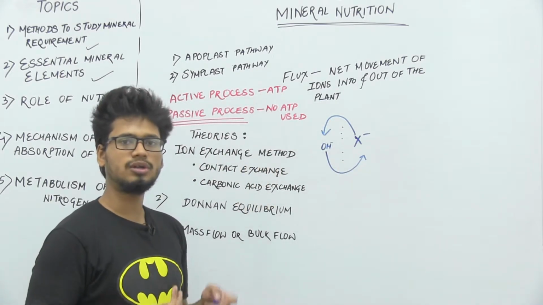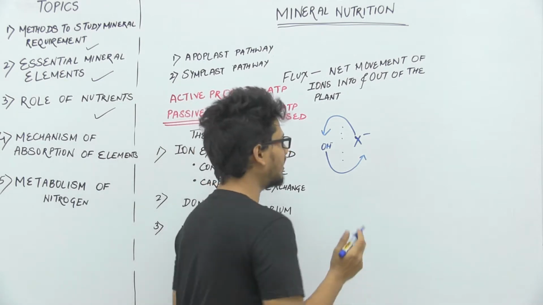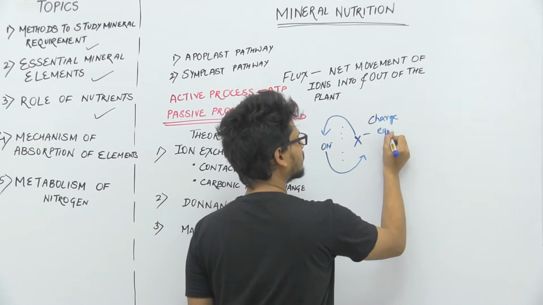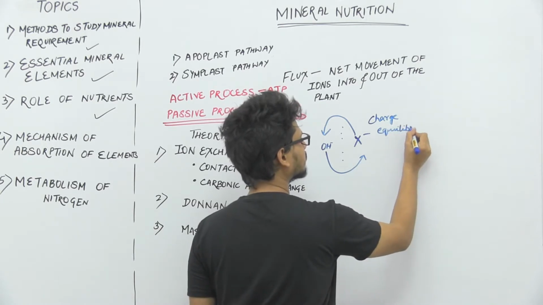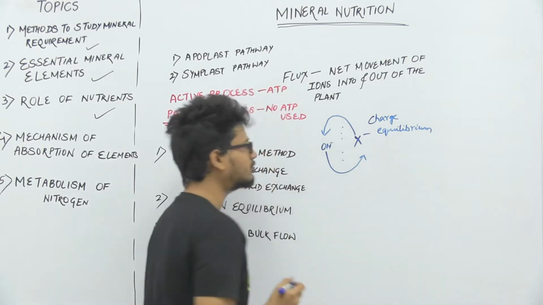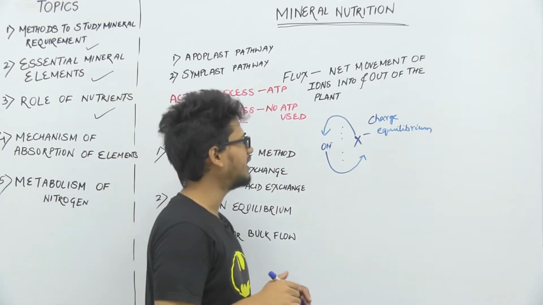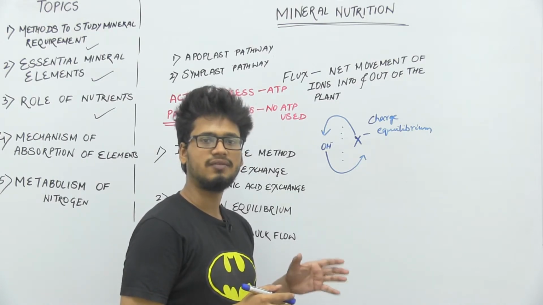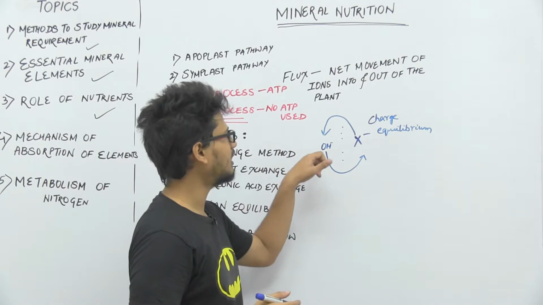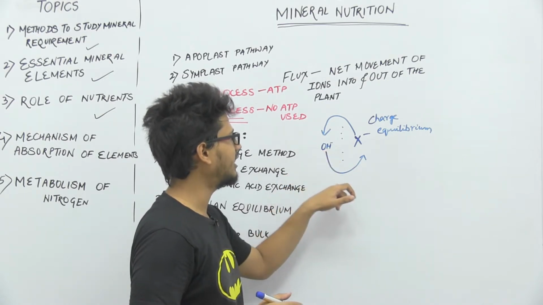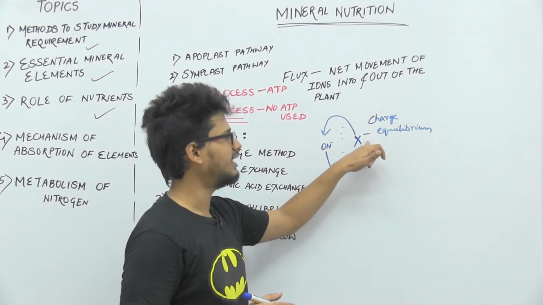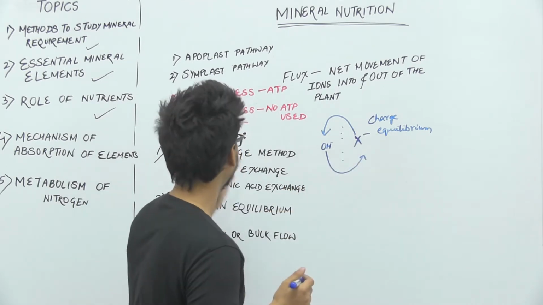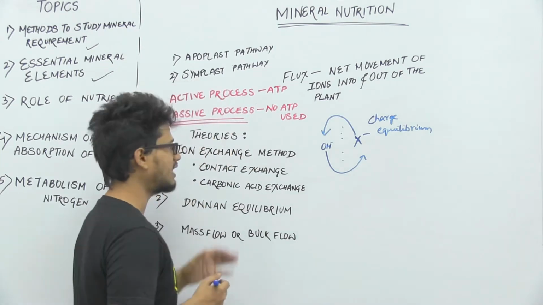So in short, मुझे जो maintain करना है वो है charge equilibrium. In short, the plant has to maintain some amount of positive or negative charge at a very fixed amount. तो इसलिए if I'm like sending a negative outside, I'm also taking a negative ion or anion in exchange of that. So that is basically what is ion exchange method.